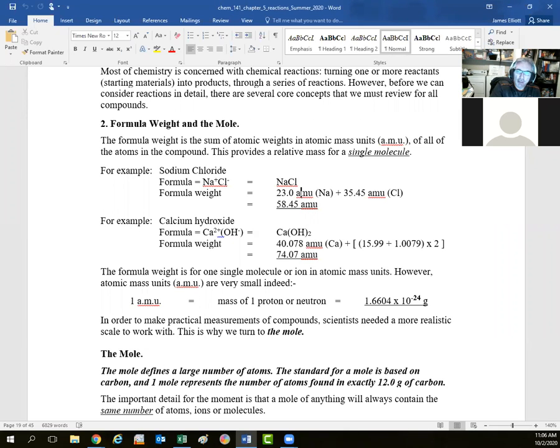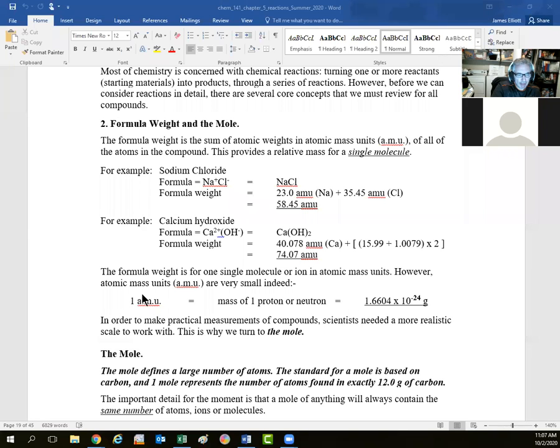So when it talks about 12 atomic mass units for carbon compared to 24 atomic mass units for something like magnesium, it's just trying to say that a magnesium atom weighs twice as much as a carbon atom. But these are not real mass measurements.